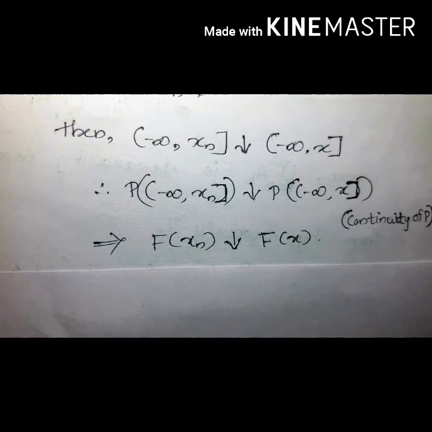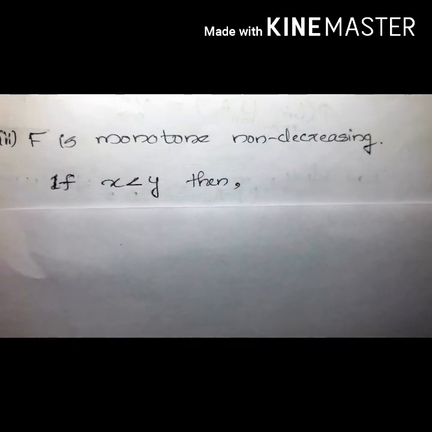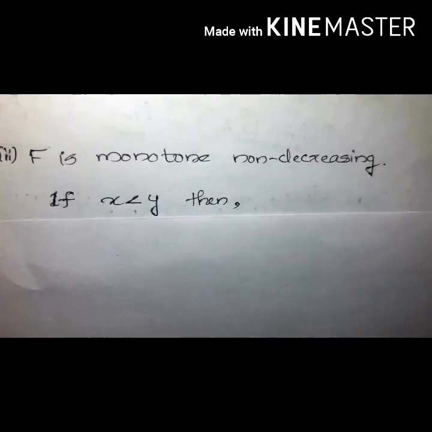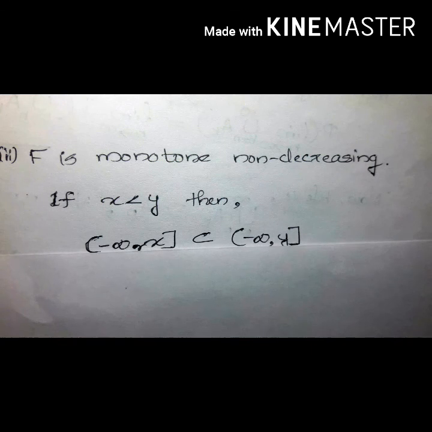Now we want to prove the second one, that is f is monotone non-decreasing. This we want to prove: if x less than y, then f of x less than or equal to f of y. For that, suppose x less than y, then we have the interval open minus infinity, x closed is contained in open minus infinity, y closed.